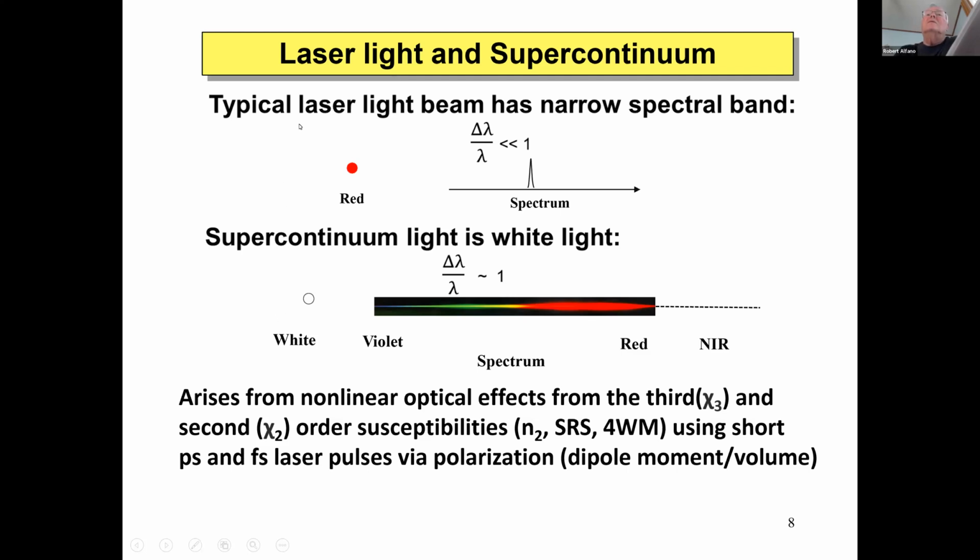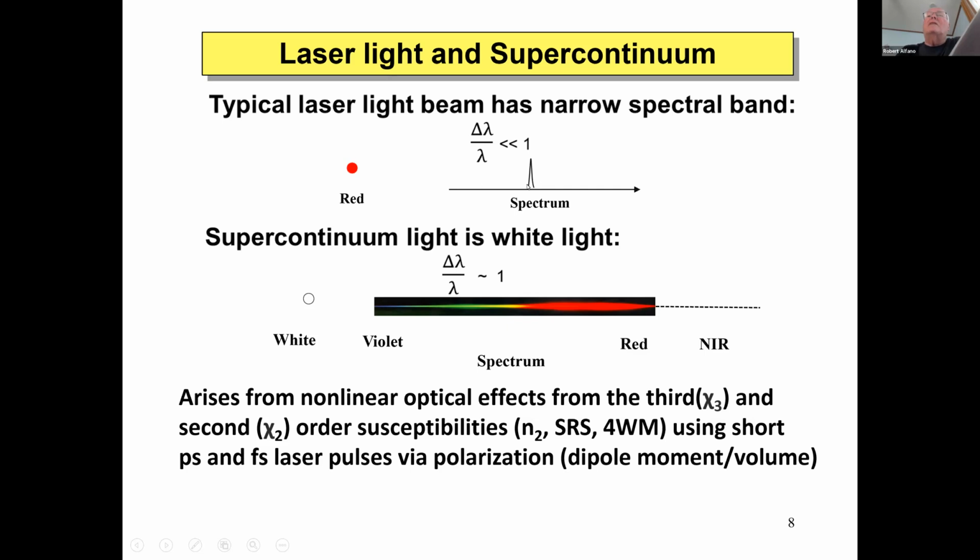Now, a comparison of laser light and supercontinuum is shown in this slide. Here's a typical laser beam on the wall. It's red. It's a nice Gaussian profile.